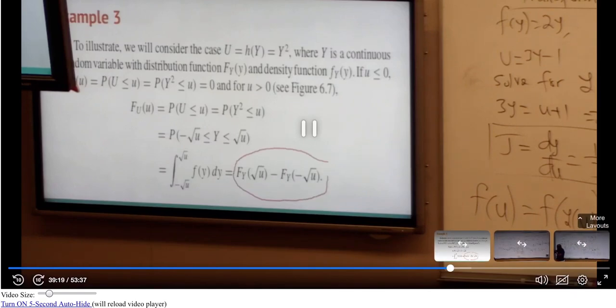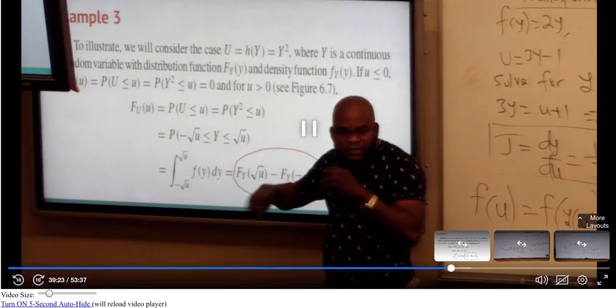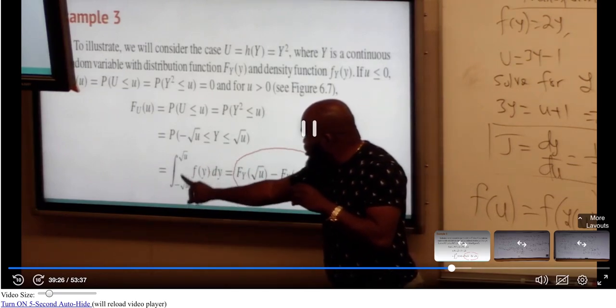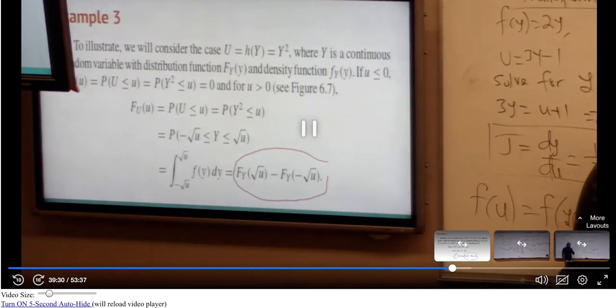After integrating a lowercase f, I'm going to get an uppercase F. Then I'm going to plug in this, then I'm going to subtract, which is what we've done before. Any question about that?